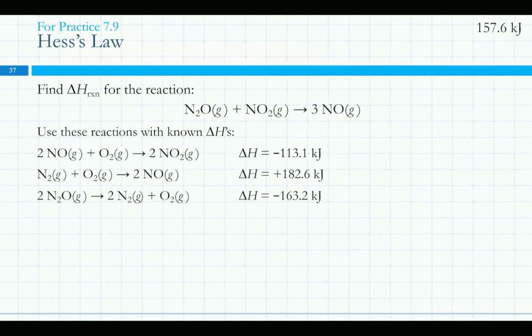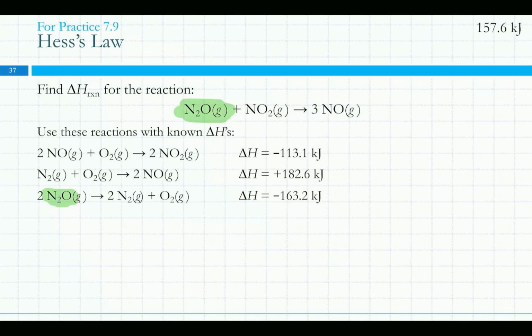So I might start with, okay, my final reaction needs to have N2O, sorry, dinitrogen monoxide, and it needs to be a reactant. But I can go over to my other reactions here. Let's find, okay, dinitrogen monoxide is only in that last one. The other thing to note is it's already a reactant there.